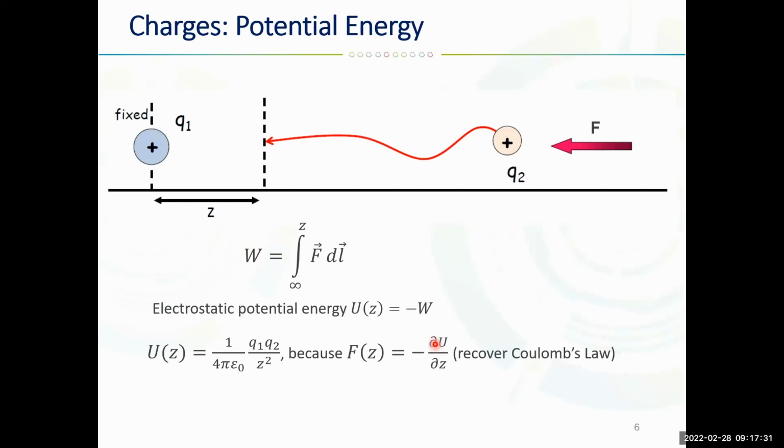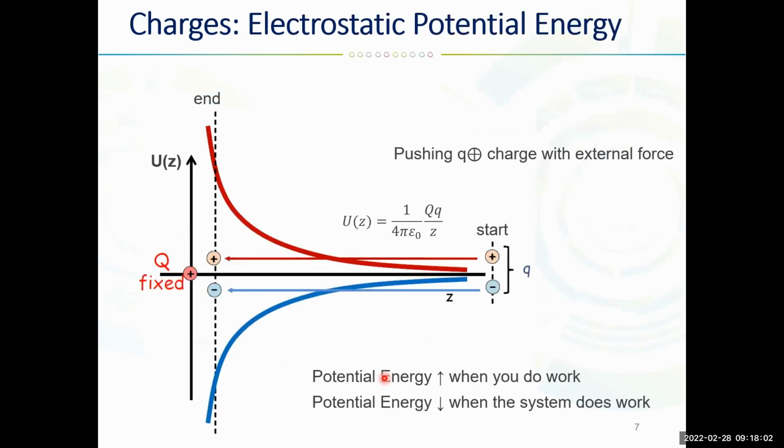So for instance, in the case of two point charges, the interaction potential energy varies like 1 over the separation between the two charges, and that depends on the product of two charges, Q1 and Q2. So Coulomb's law can be straightforwardly recovered from this expression by just taking the negative derivative of it. Okay, and let's move to the next slide.